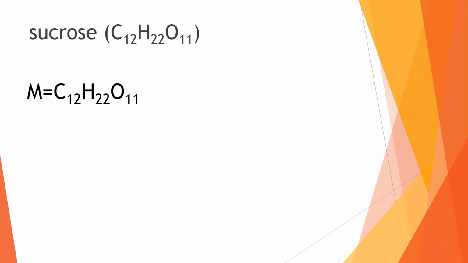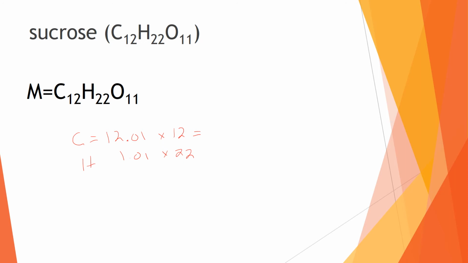A little bit more difficult because there are a lot of atoms in here, but you guys get the point, right? So carbon is 12.01 grams per mole, and there are 12 atoms of this. Hydrogen is 1.01, and there are 22 hydrogens in this sucrose molecule.